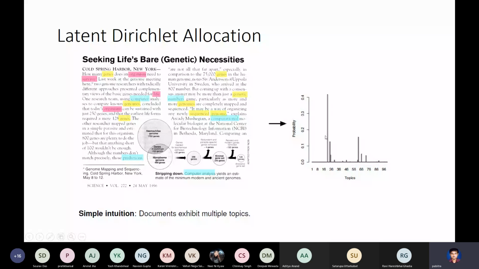This topic is there, but not so dominant. This topic is maybe the second most dominant. This topic is very less associated, and these are not at all associated with this document. Okay, so the document would be represented by this kind of a topic histogram, whose x-axis is the number of topics, y-axis is the probability of this document containing this topic.